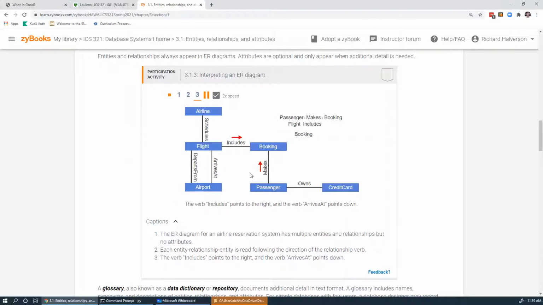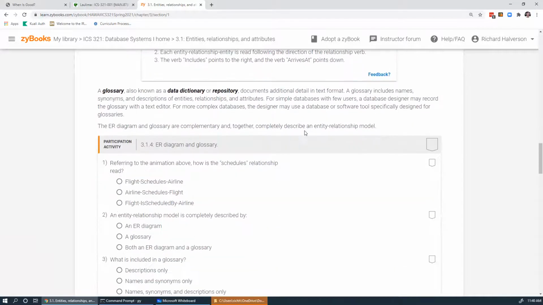The verb includes points to the right, and the verb arrives at points down. Anyway, a glossary, also known as a data dictionary or repository, documents additional detail in text format.